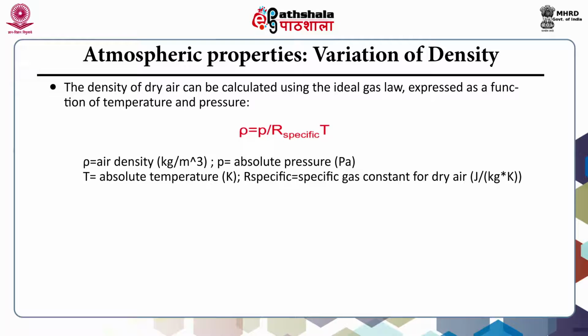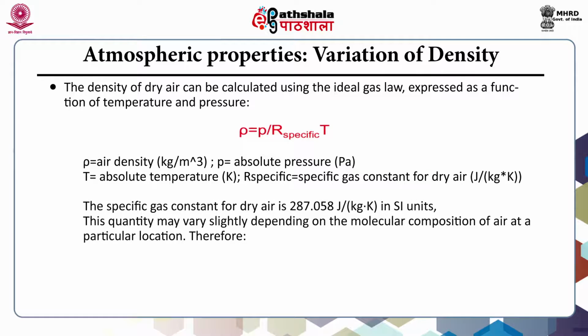R specific is the specific gas constant for dry air, and its unit is joule per kilogram per degree Kelvin. The specific gas constant for dry air is 287.058 joule per kilogram per Kelvin in SI units, and this quantity may vary slightly depending on the molecular composition of air at a particular location.